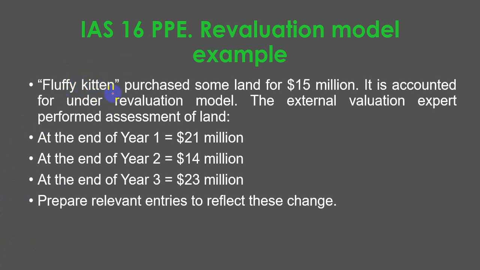Our entity Fluffy Kitten purchased some land for 15 million. It is accounted for under the revaluation model. The external valuation expert performed an assessment of the land. At the end of year 1, the land was valued at 21 million, year 2 14 million, year 3 23 million, and we need to prepare relevant entries to reflect these changes.